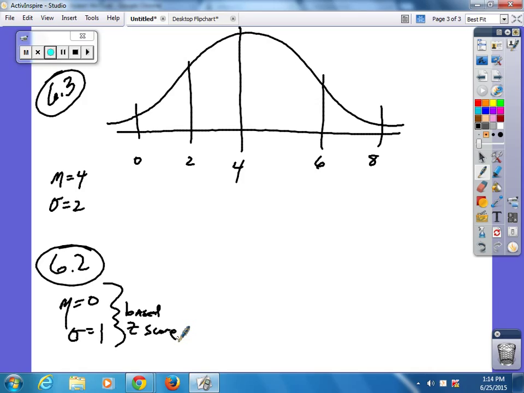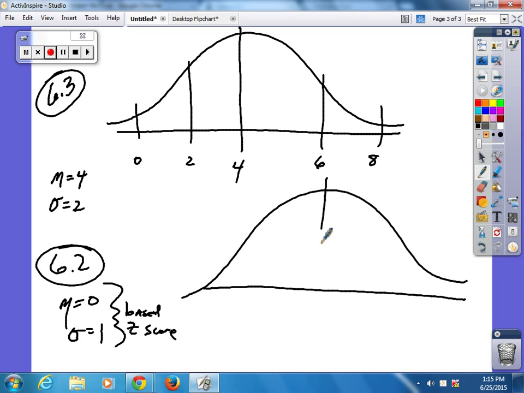So, in 6.1, all of your curves are going to look like this.